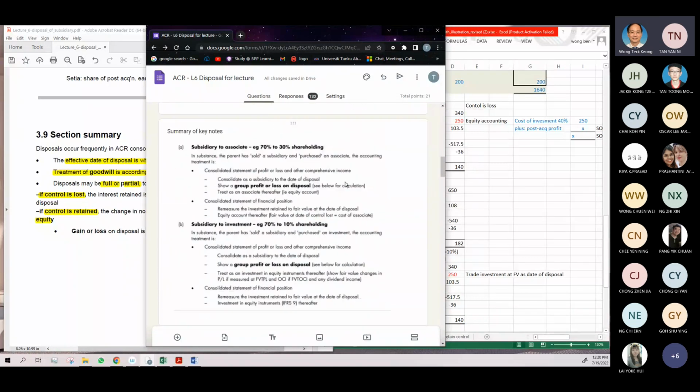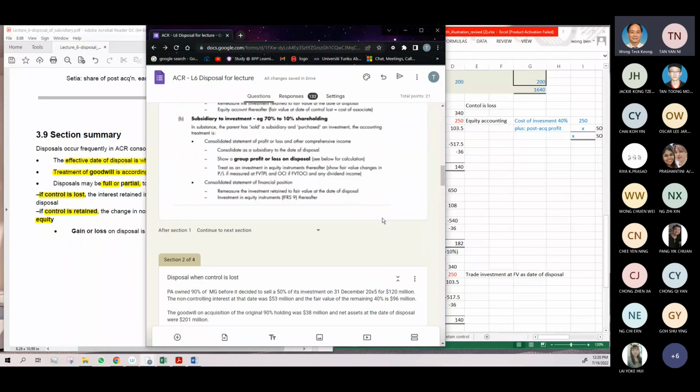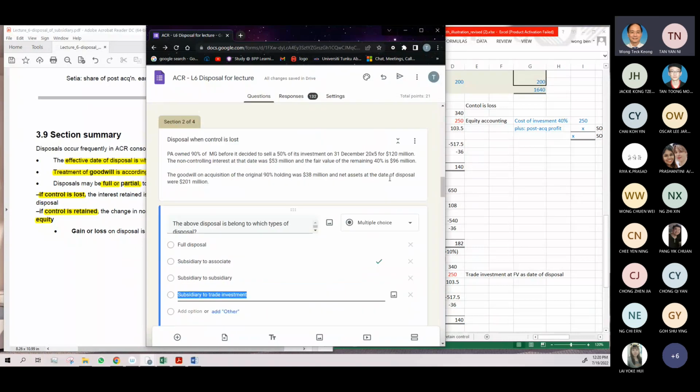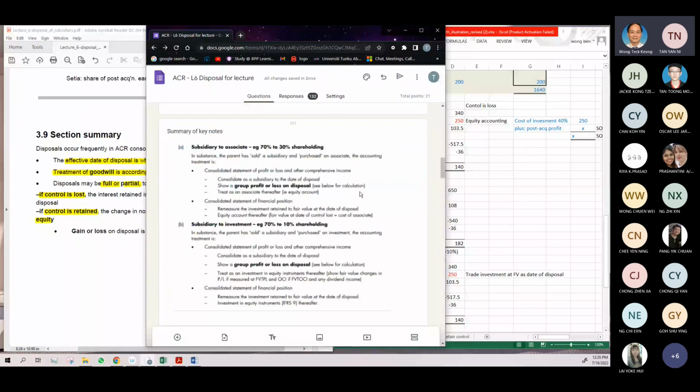So then I give you the summary of keynotes. So when subsidiary to associate, what will happen here? Okay. And subsidiary to investment, what you need to do. Then you can continue. Okay, the question is rather short, but it helps you to get a basic understanding. So please start doing this. You come back at 12:45.